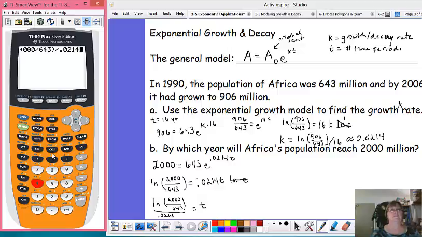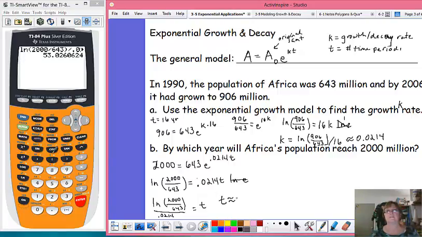And according to this formula, if their population keeps growing at the same rate, it will take about 53 years. t is around 53. Now, as far as making sense out of it, that's the number of years past 1990. So if we go 1990 plus 53, according to this formula, in about the year 2043, their population will reach 2,000 million.